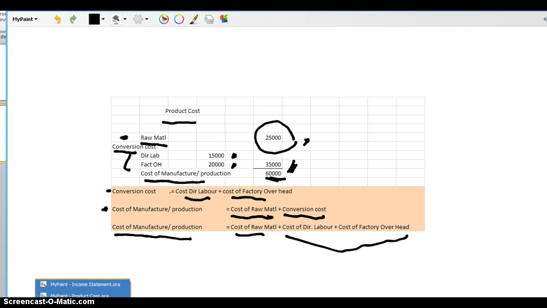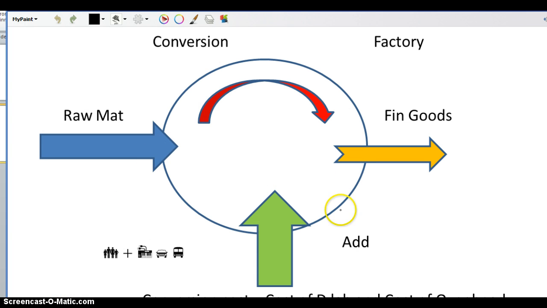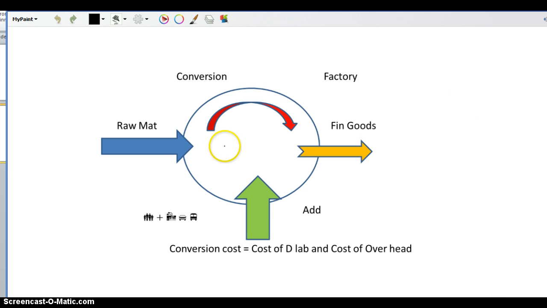Let me see, there should be another picture here. If you look at the pictorial form, I will maybe make it a little smaller: raw material, conversion, it all happens in the factory. Remember, all of these happen in the factory. That's why all of them are called factory costs.